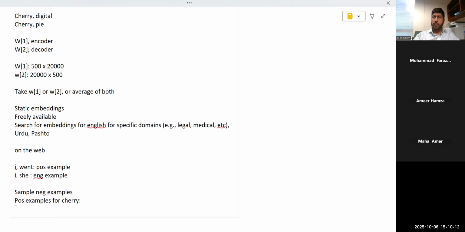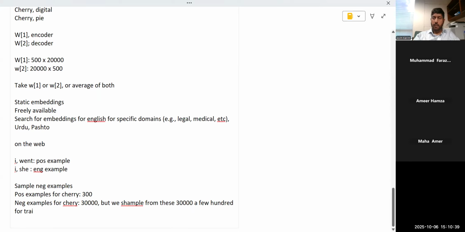So maybe you will probably find about let's say 300 positive examples. But negative examples for cherry in the data set could be let's say 30,000. But we sample from these 30,000 a few hundred only for training. Sample randomly. ठीक है? So do you get this point?